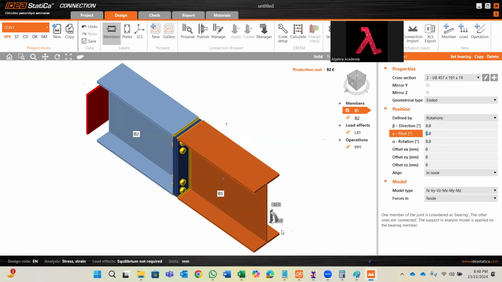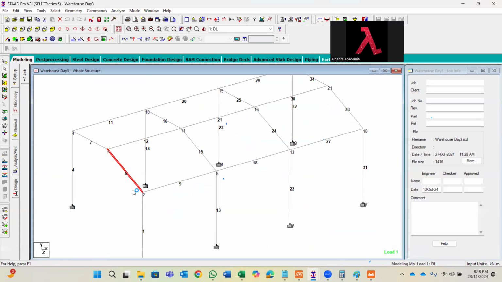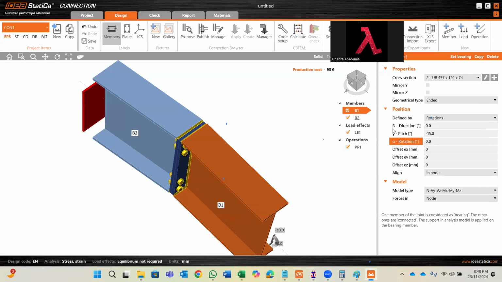So the angle, let's go for the 15-degree slope here. Okay, so I'll take 15-degree. The other one also 15-degree.